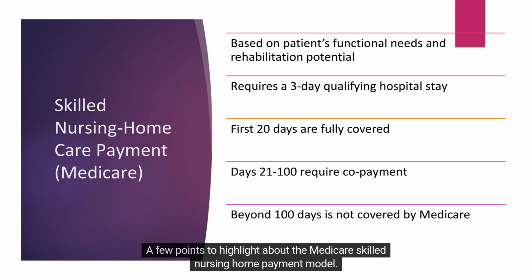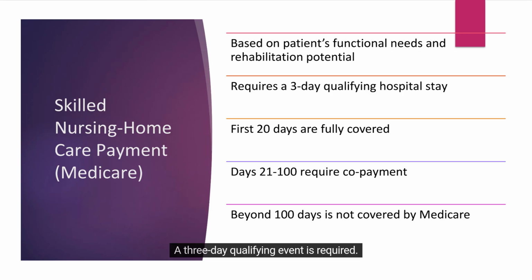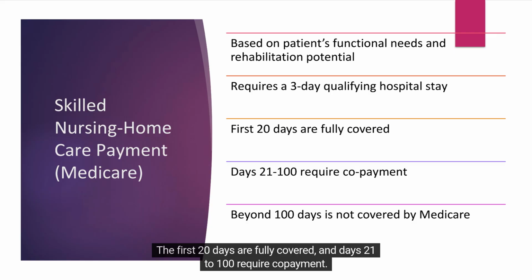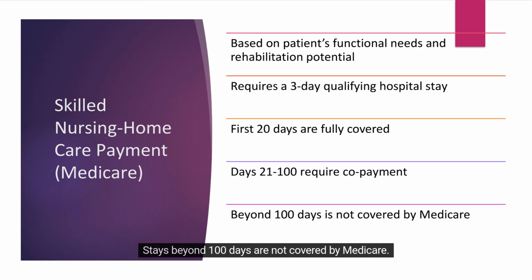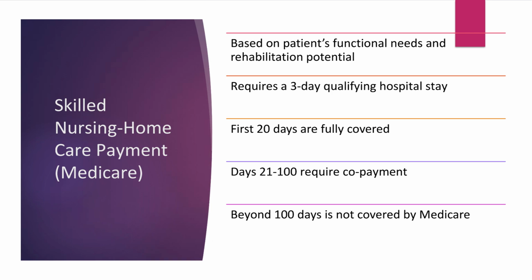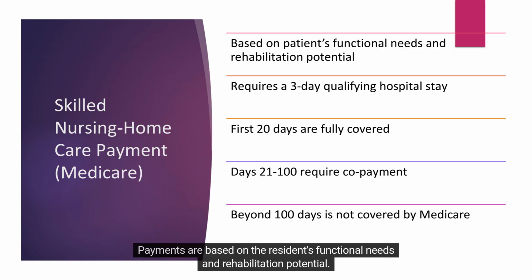A few points to highlight about the Medicare Skilled Nursing Home Payment Model. A 3-day qualifying event is required. The first 20 days are fully covered, and days 21 to 100 require copayment. Stays beyond 100 days are not covered by Medicare. Payments are based on the resident's functional needs and rehabilitation potential.